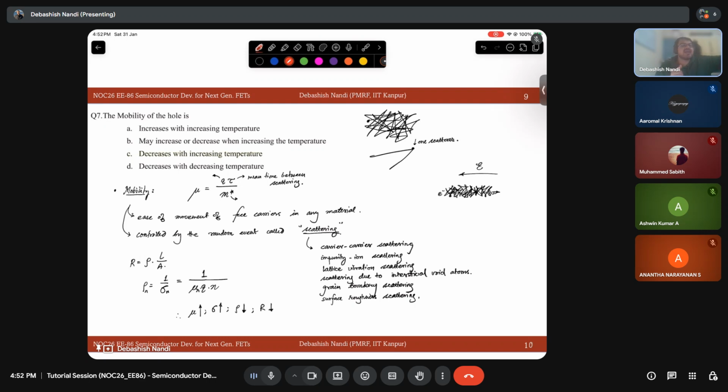You will see a different arrangement after the wall, right? Or the potential barrier, there will be some barrier. These are all the same thing but different representations. Fine. So the important ones are impurity ion scattering, lattice vibration scattering, and this one is important for MOSFETs.